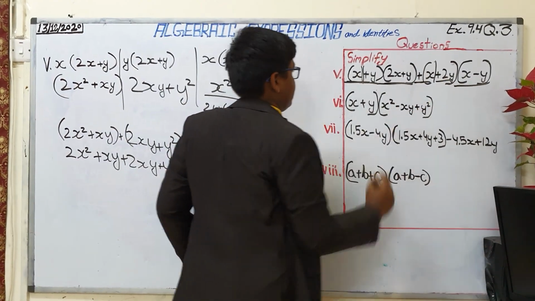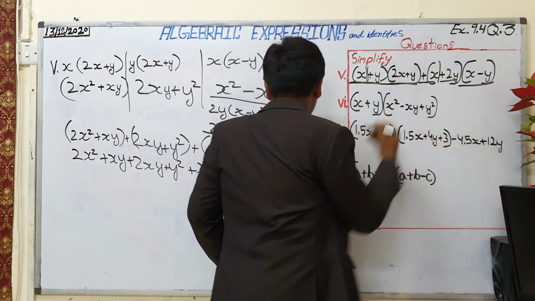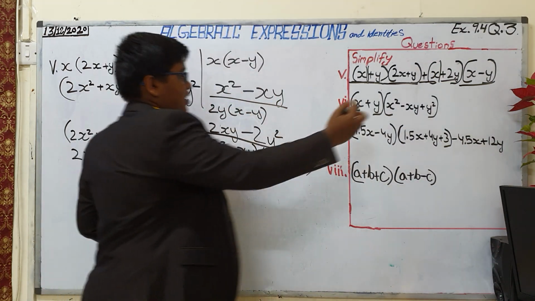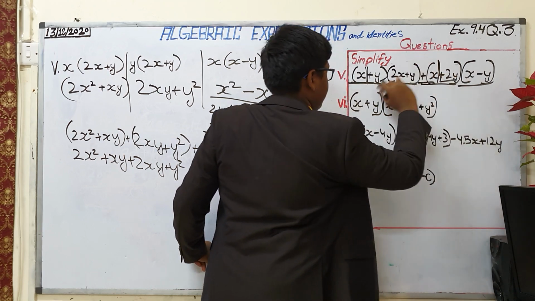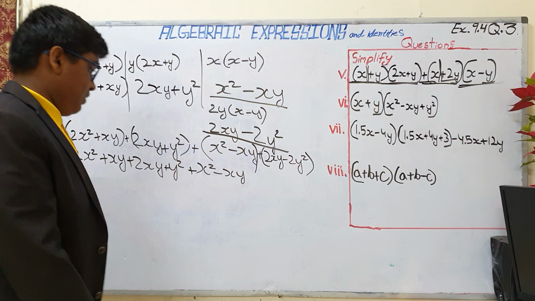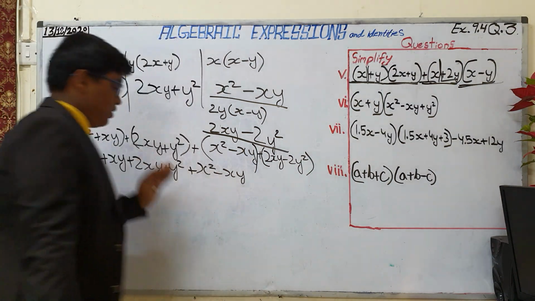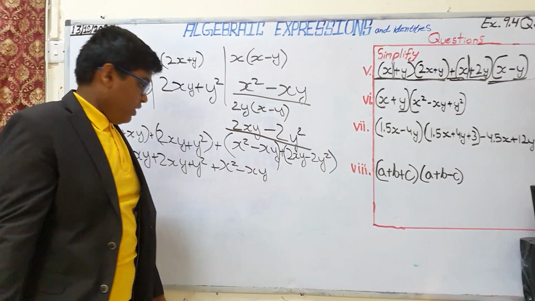If there are no constants in it, we are saying only variables. Then these two brackets, we separated the variables as we did here, and multiplied by the last bracket. Then we got the whole brackets here. So writing the brackets is also compulsory.